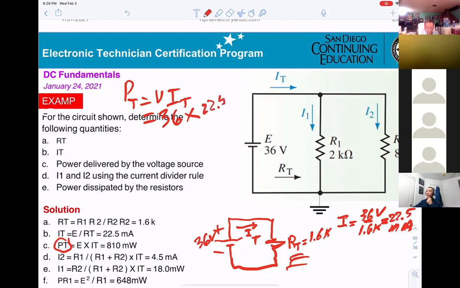You must multiply by 10 to the power of minus 3 to get the amp. Okay. The answer will be 810 milliwatt. When you calculate, you get the watt; if you want milliwatt, you multiply by 1,000.